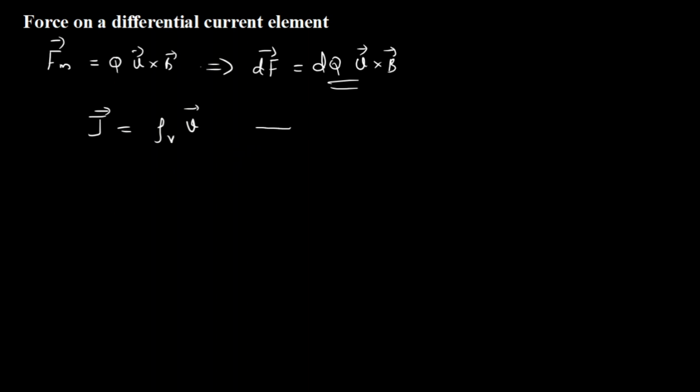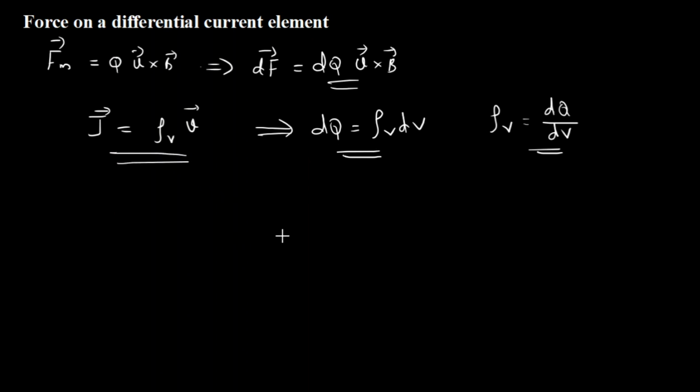We also know that during the discussion of distribution of charges, we have one more result, that dq is nothing but rho_v dv, because volume charge density is differential charge by differential volume in case of differential, otherwise it is just q by v. So rho_v is dq by dv, so from that I know that dq is rho_v dv and J is rho_v v.